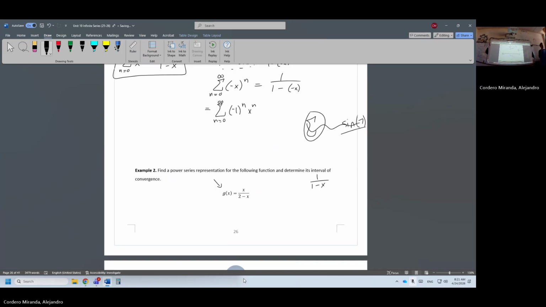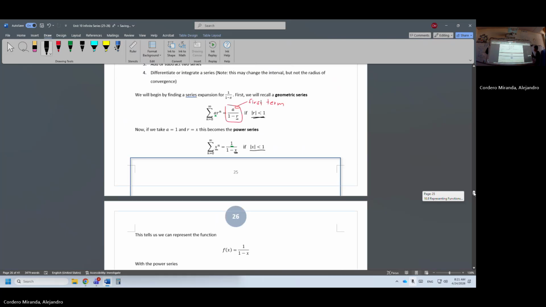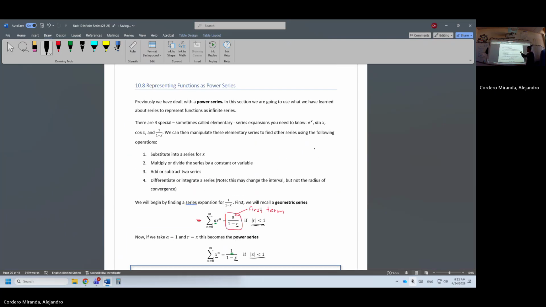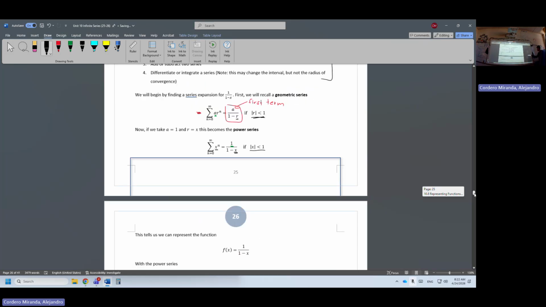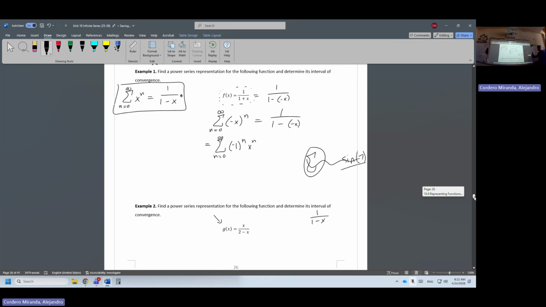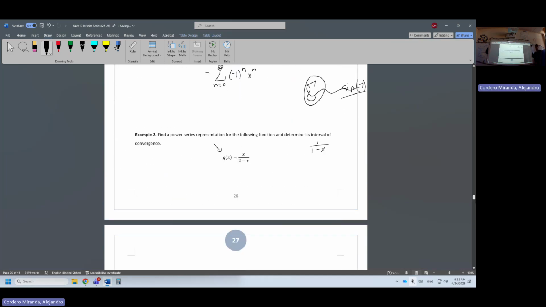You guys don't know what rules apply, but basically, let me put these 4 things on this. So you can do anything you want. Like basically, if you want to multiply a series by x, you're allowed to. If you want to replace the x with a 3 minus x, you're allowed to. That's what these 4 things tell you. You could either take the derivatives, integrals, anything you got to do, you're basically allowed to do. It's not cheating. All right, 30 seconds, see if you can get that series right there.